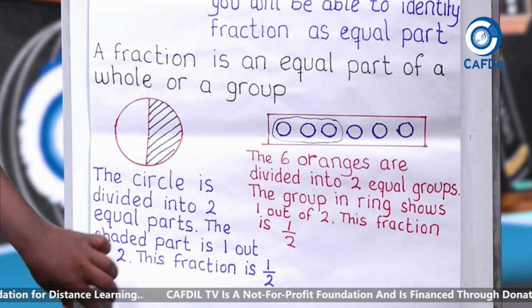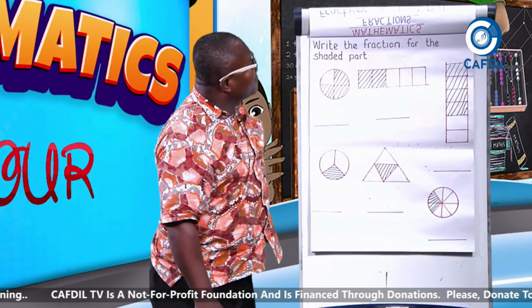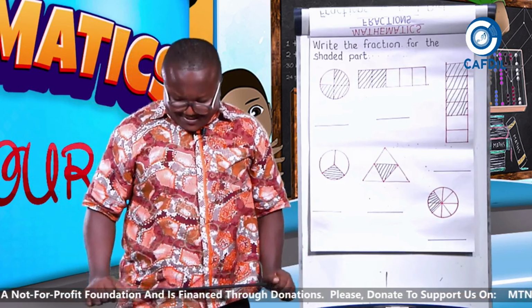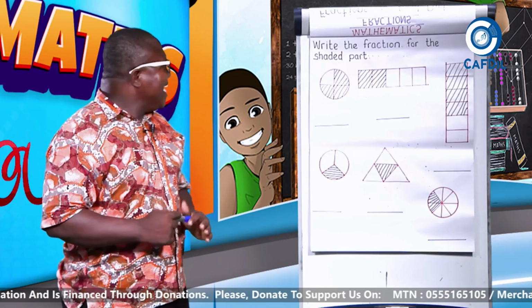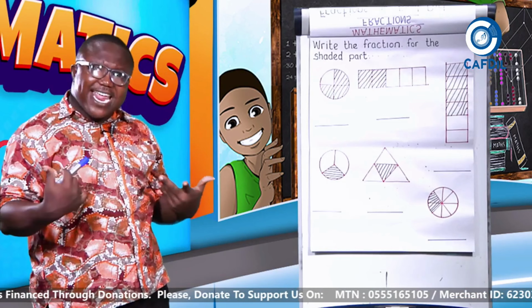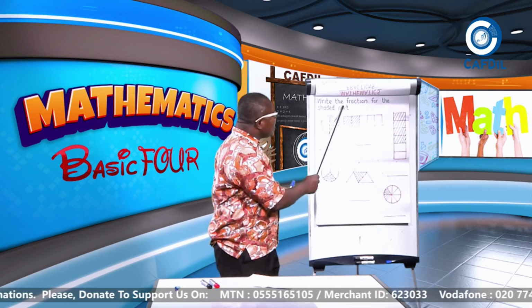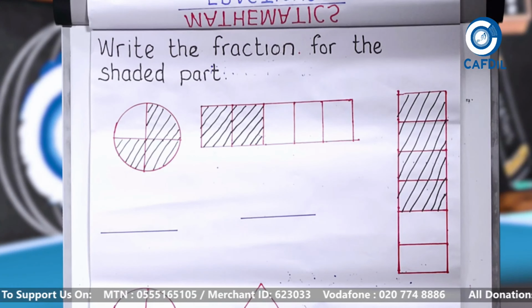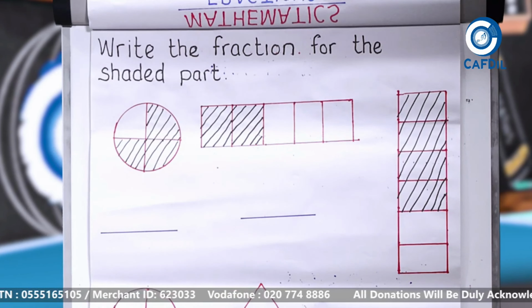Learners, now let's come to what we want to look at. Now, they are saying that we should write the fraction for the shaded parts. Write the fraction for the shaded parts.